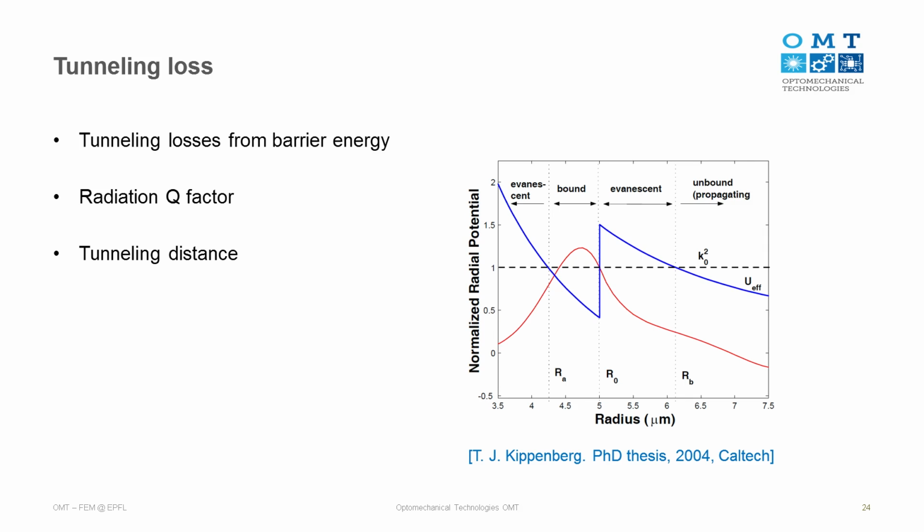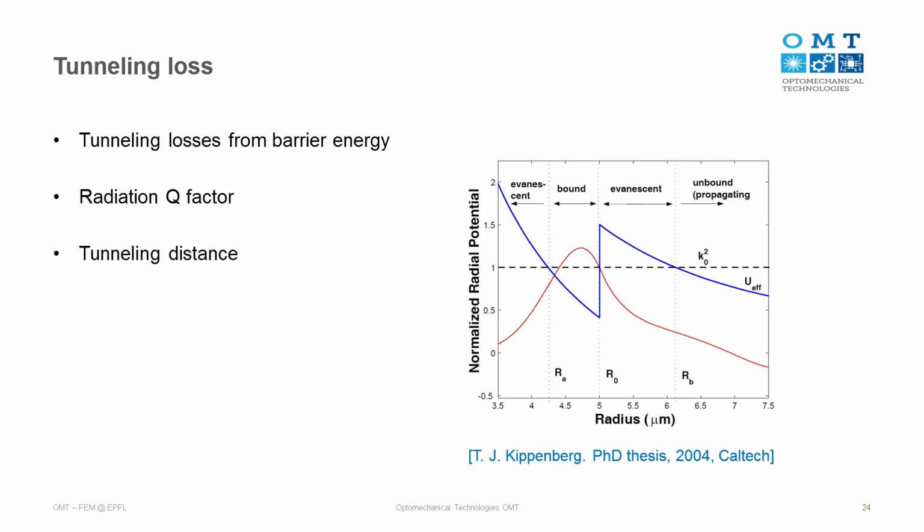Which means you would have the barrier created, and then you have the eigenmode of the beam, and then over there, after the potential going down to 1, you find its unbound propagation. So this part of the energy is lost. So yeah, you can look into the thesis of Tobias or ask him directly.